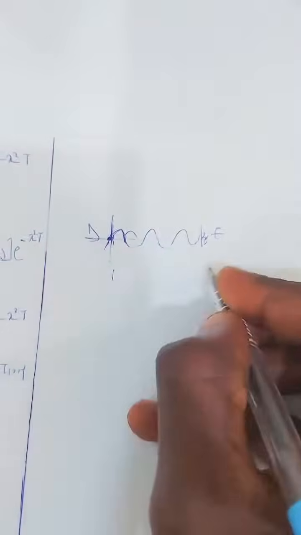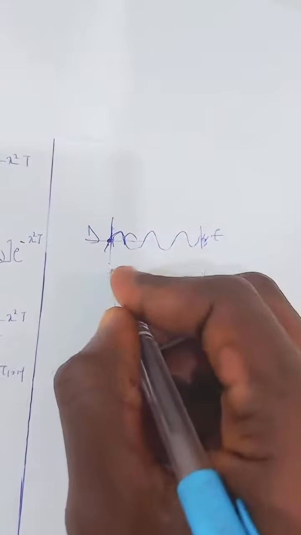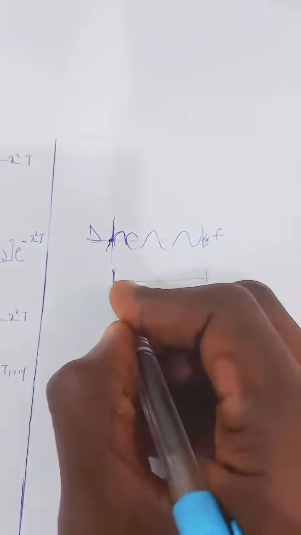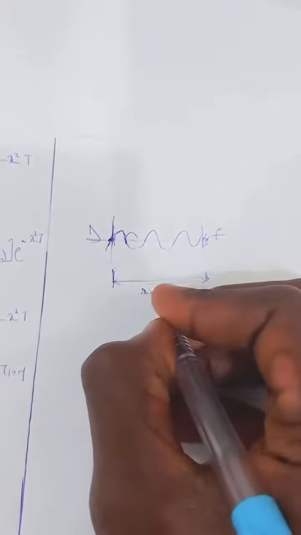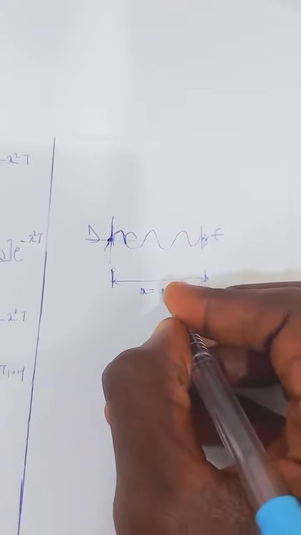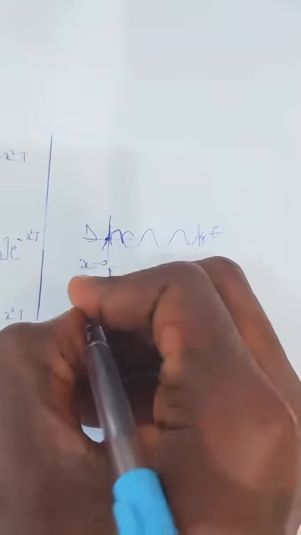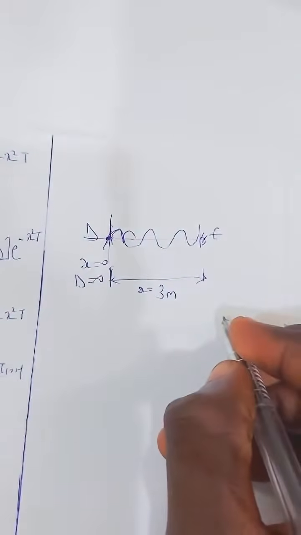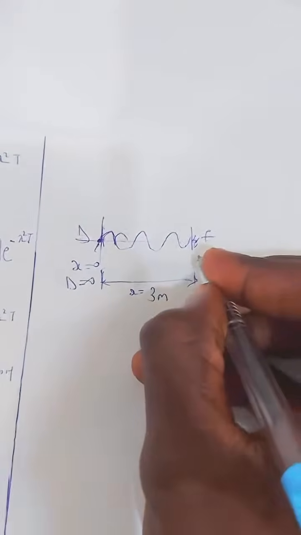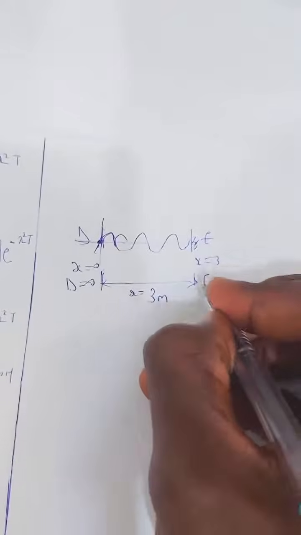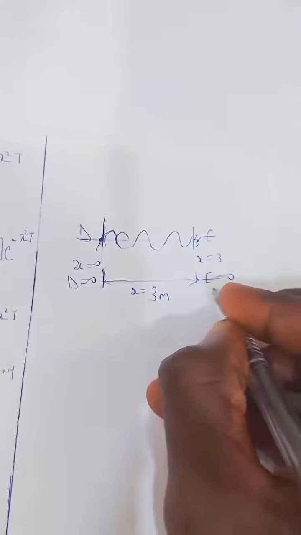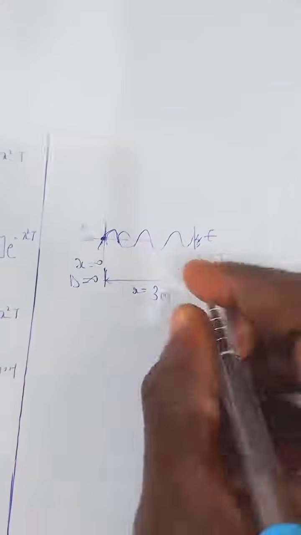The total length of this vibrating string is x equals 3 meters. Now at x equals 0, D is equal to 0. At x equals 3, E equals 0. But in this case, E is not equal to 0.